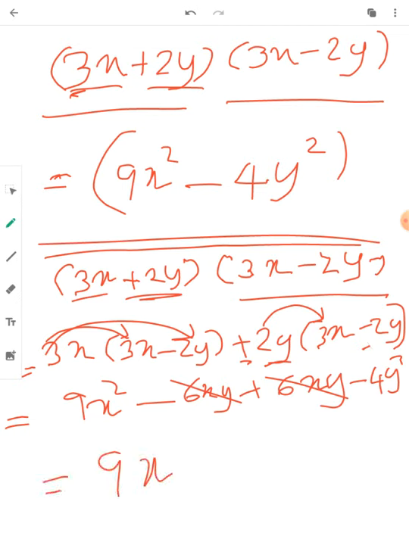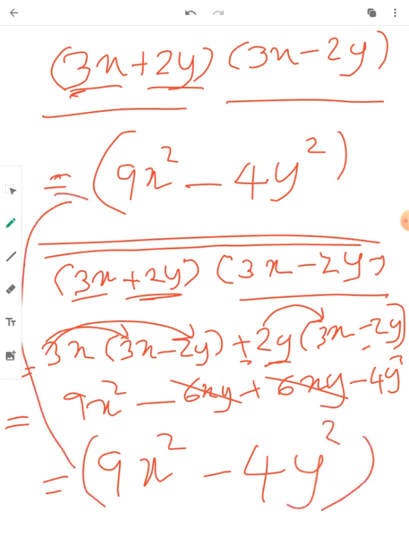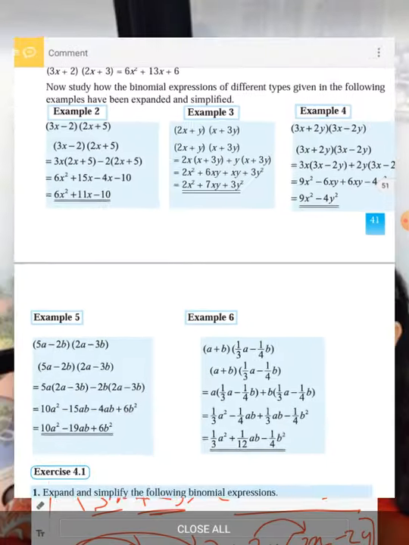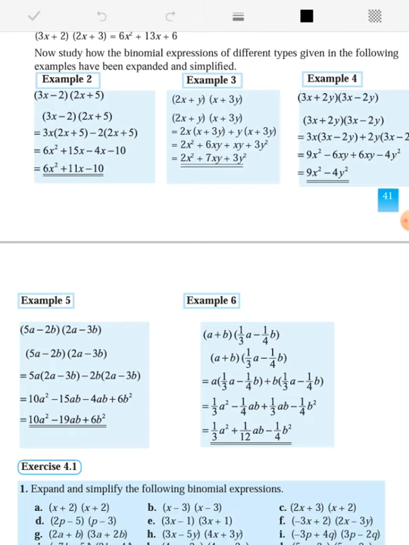Now your answer is 9x squared minus 4y squared. That's what I said. You have got the same answer, isn't it? Okay, so this is one of the shortcuts. So let's go and check your answer with an example. Yeah, you have got 9x squared minus 4y squared.